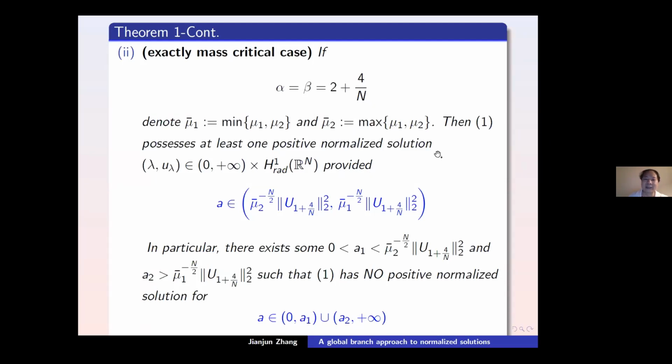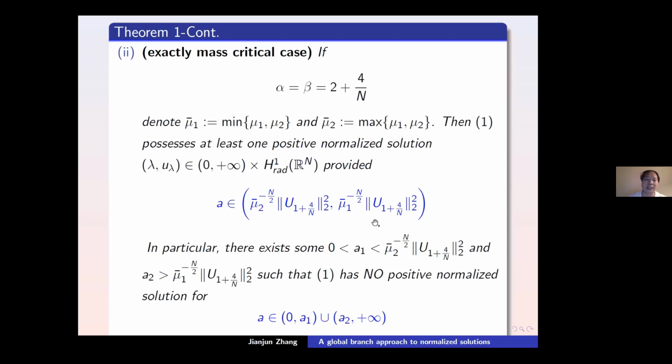We can find two positive constants, and show that our problem has a normalized solution if the mass A is between these two constants.